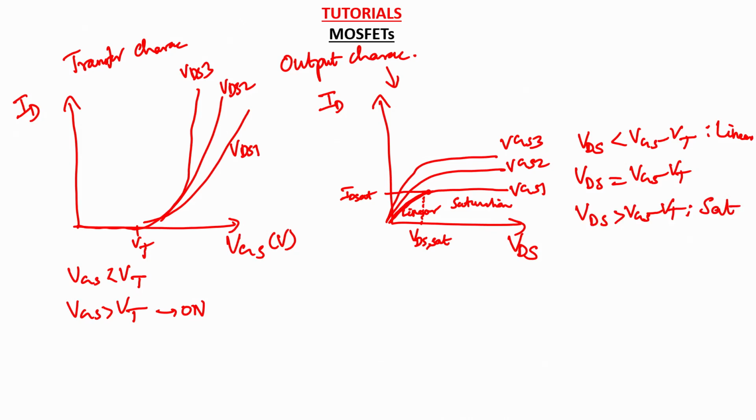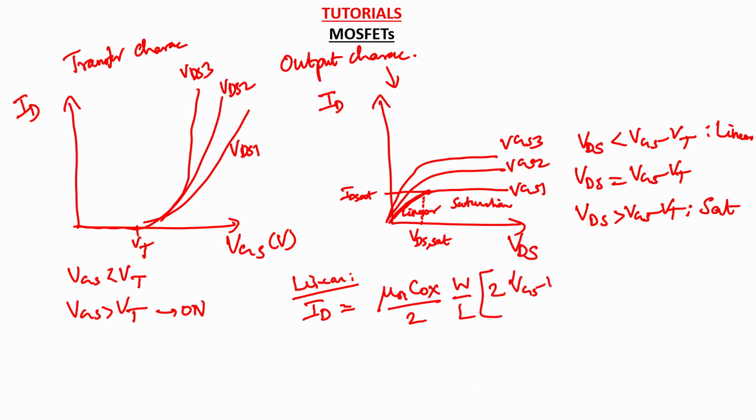And you can also recollect from your lecture slides that in the linear region, the drain current equation for a MOSFET looks something like this. It is nothing but mu Cox W over L into, you have a 2 term here, (VGS minus VT) into VDS minus VDS square, all divided by 2.